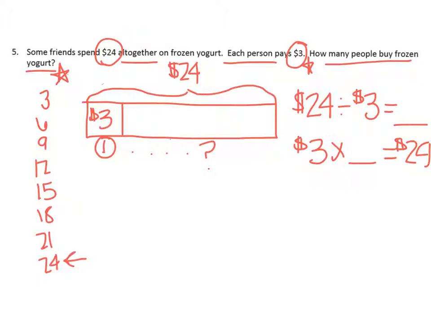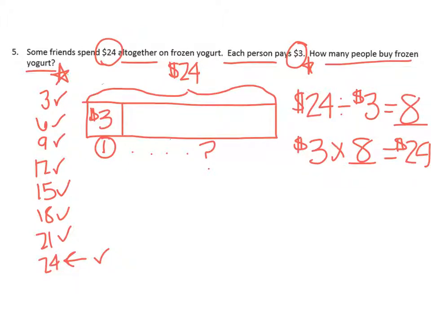So let's see how many times I counted in order to get to 24. So 1, 2, 3, 4, 5, 6, 7, 8. I counted 8 times. So that means that $3 times 8 is equal to 24. So that means that 8 people bought frozen yogurt.